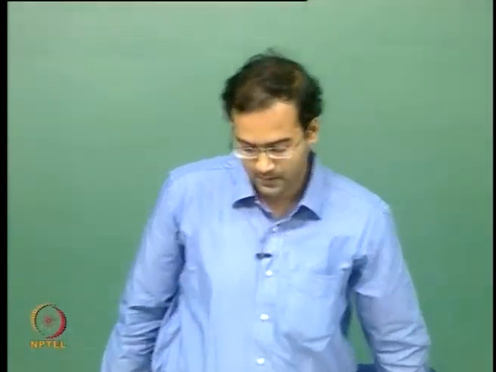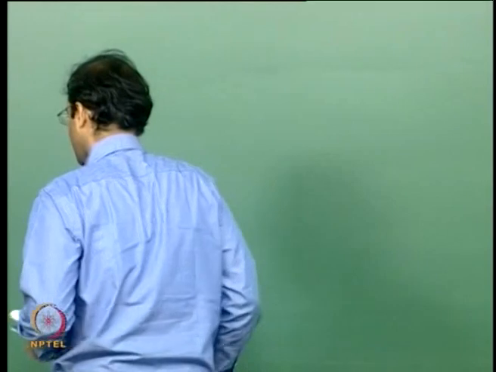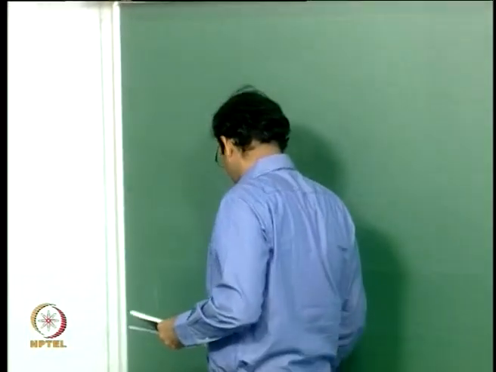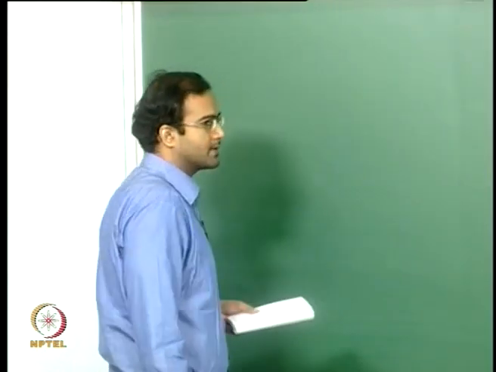Today we will start with the derivation of some of these conservation equations. We'll start with the continuity equation. For deriving the conservation equations, first we will define the control volume in space.